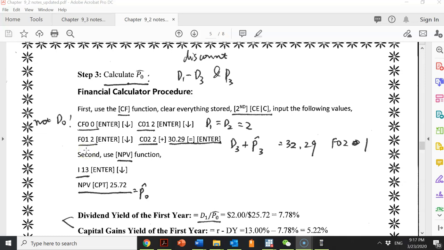So both D1 and D2 are already inputs. For cash flow 2, you can input D3 plus P3, so it's 32.29 altogether, and frequency 2 is 1. In the first method, we can input D1, D2 separately, but the frequency for each input should be 1. Here, we can put them together, making frequency 1 as 2. And we go to NPV, I is 13, compute for NPV, we have 25.72.